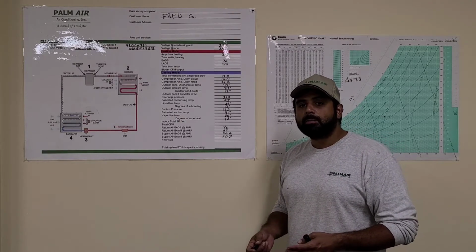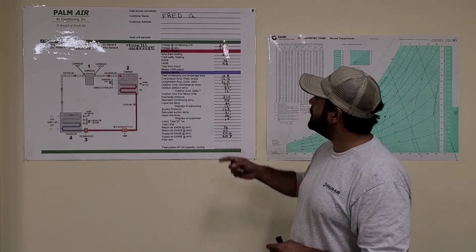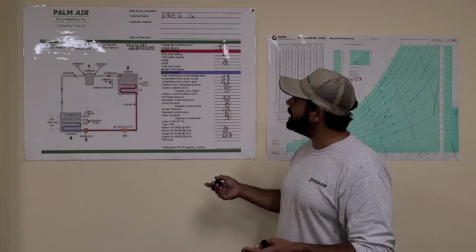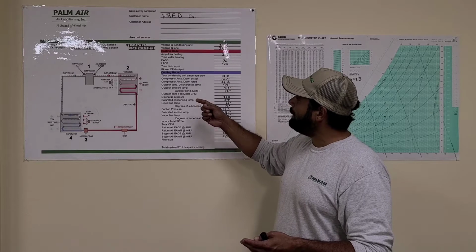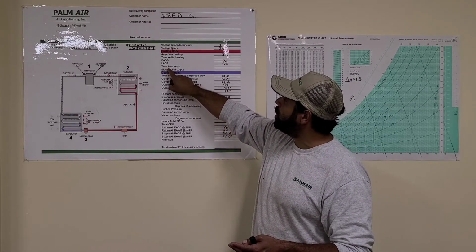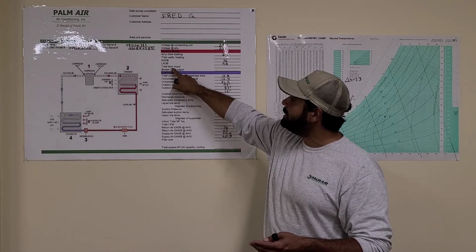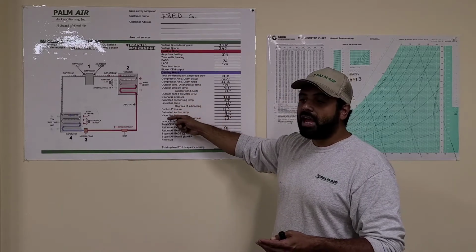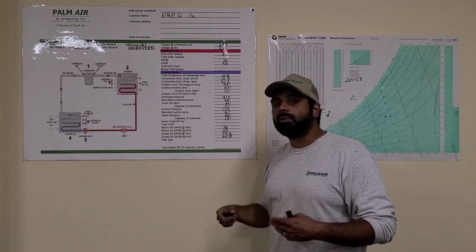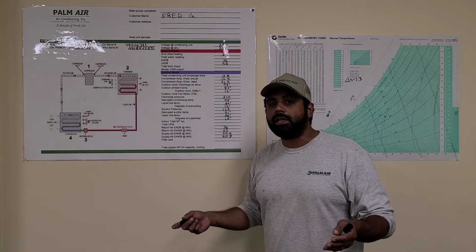It's a pretty simple equation. We take our total BTUs in heating and divide it by 1.08, which happens to be the sensible heating constant.